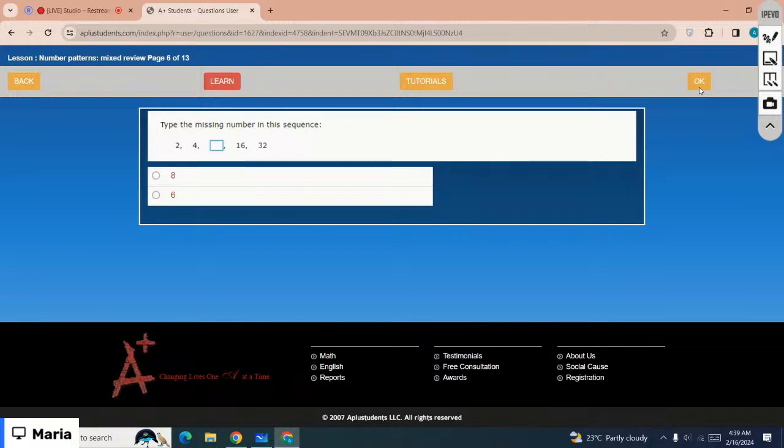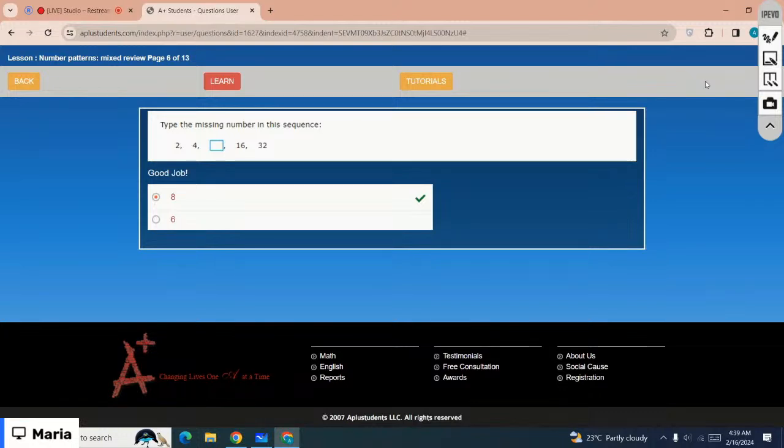That is a geometric sequence. You have to multiply for the next number. 8 it is, right?